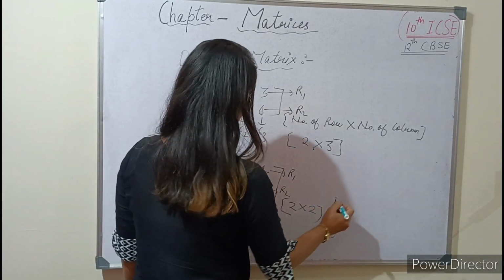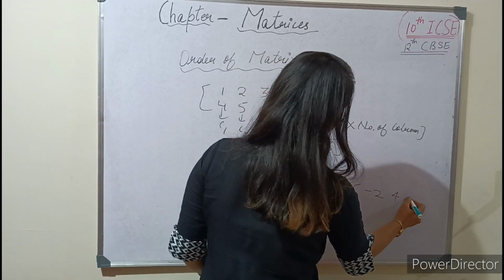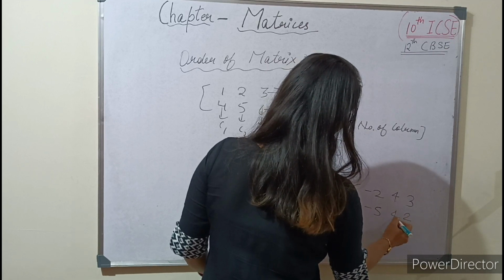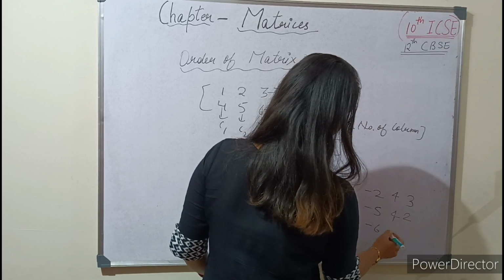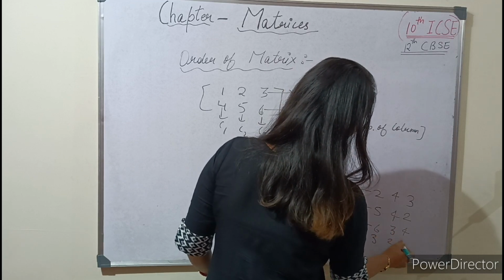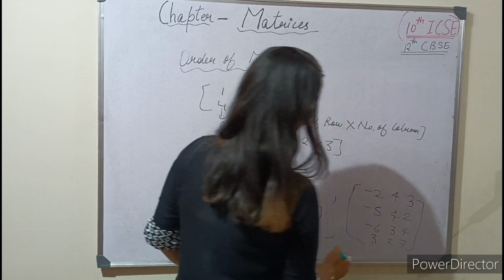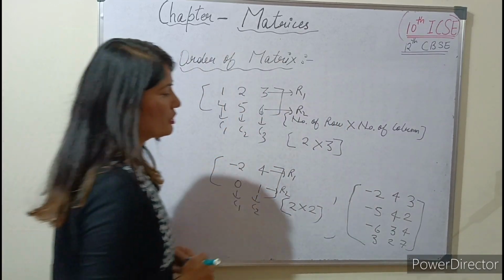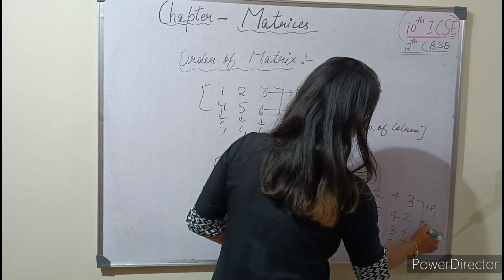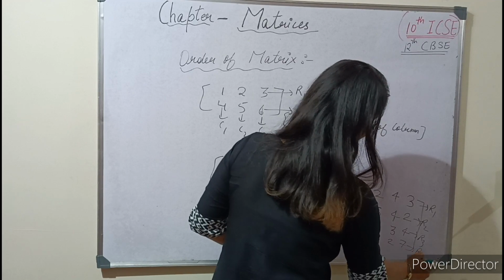If I give one more example, suppose minus 2, 4, 3, minus 5, 4, 2, 3, 4 and 3, 2, 7. Now if you have to find the order of this given matrix, you will see this is row 1, this is row 2, row 3 and this is row 4.